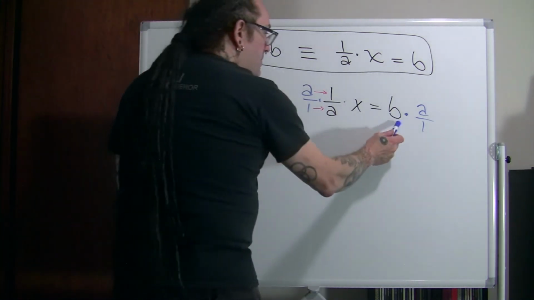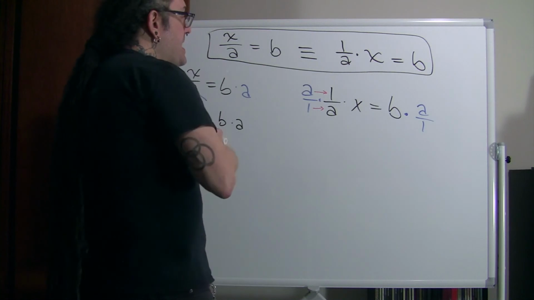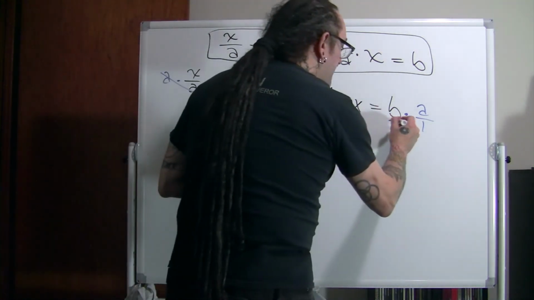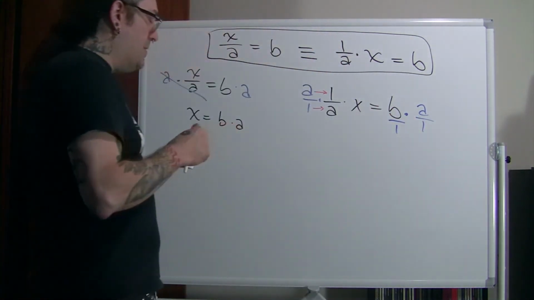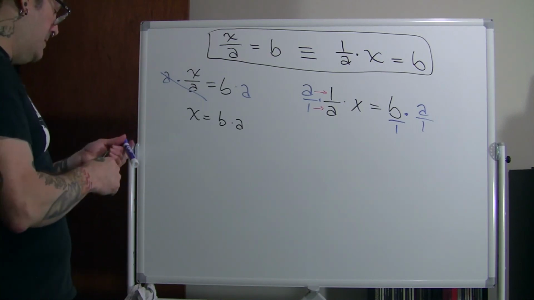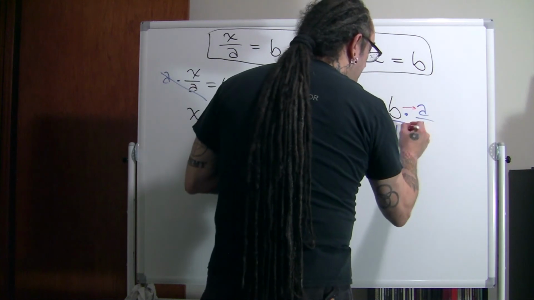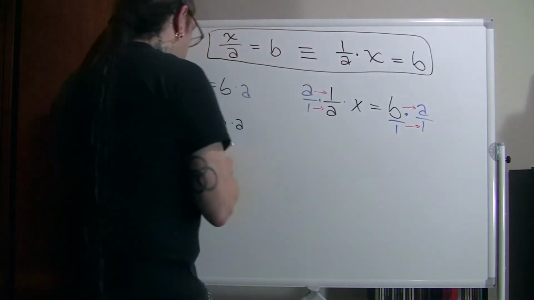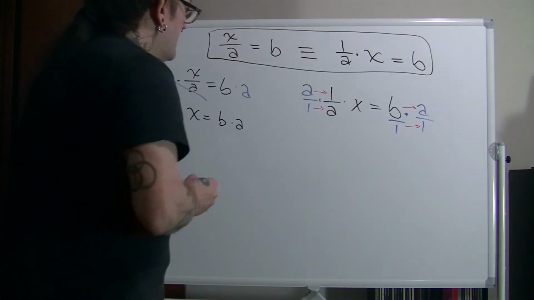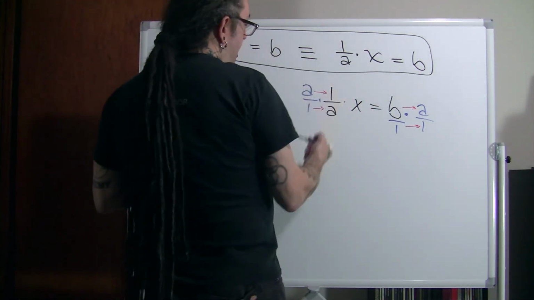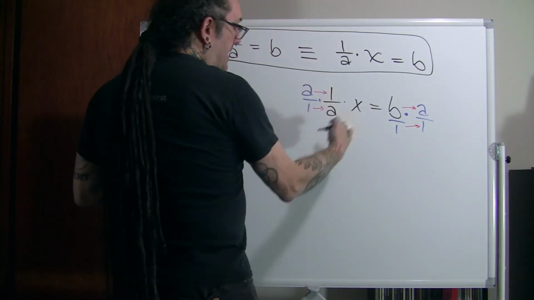This guy, I'm going to write as a fraction. Remember, b, anything over 1 is itself. It's convenient to turn it into a fraction. And again, straight across the top, straight across the bottom. Okay, so what do we get? A times 1 over a. A times 1 is a, and 1 times a is a.